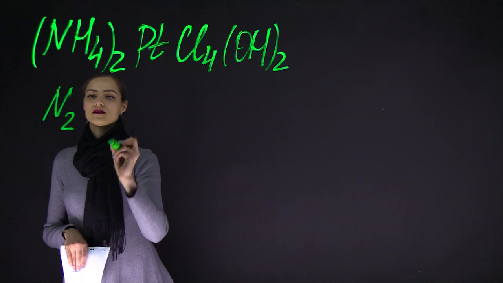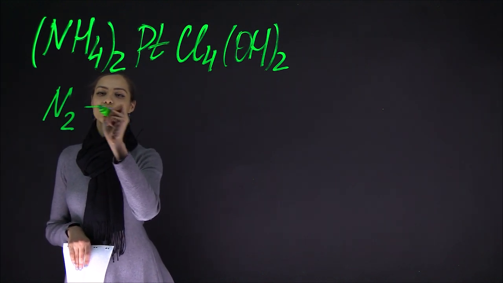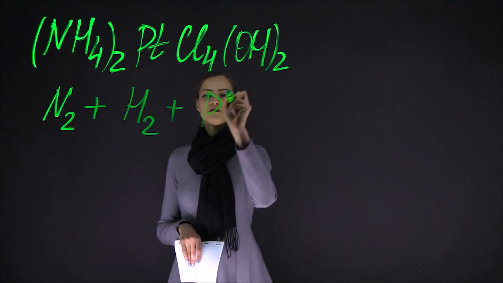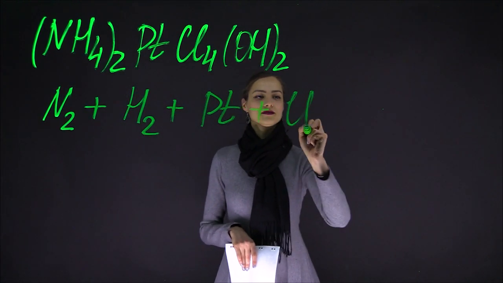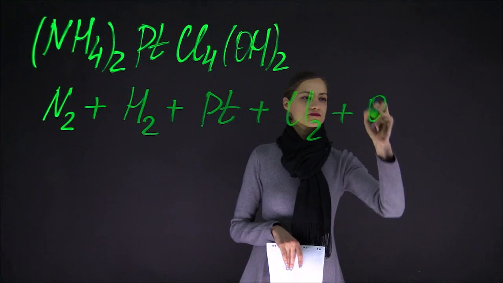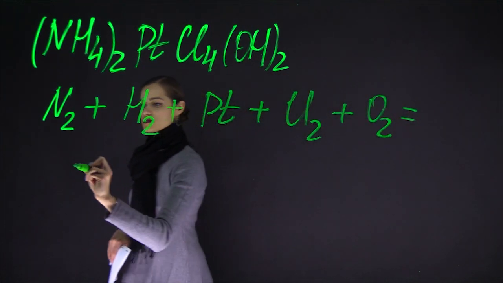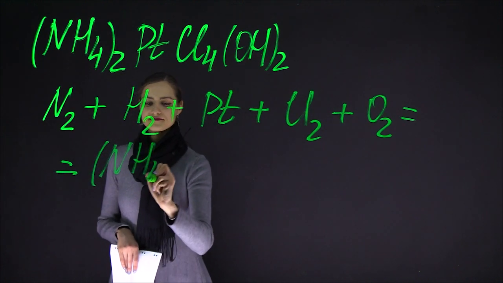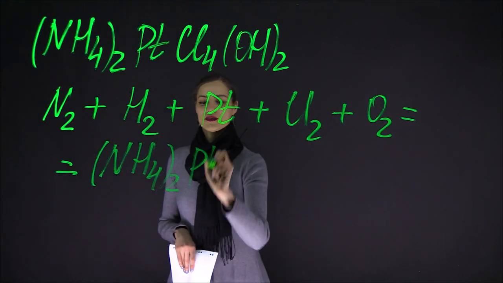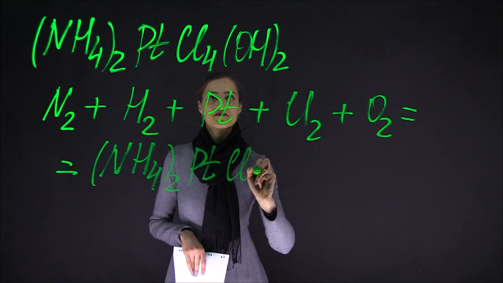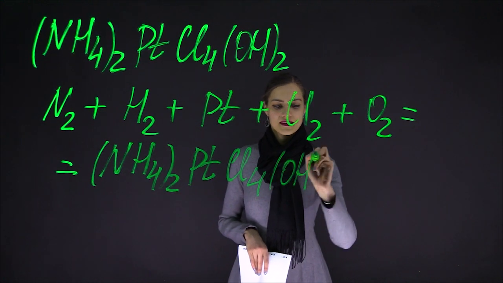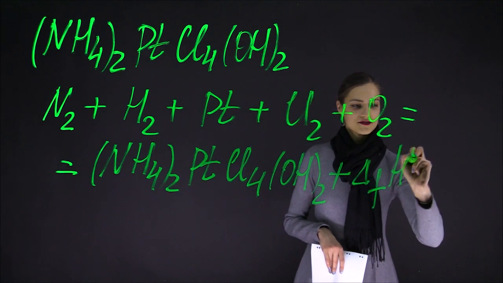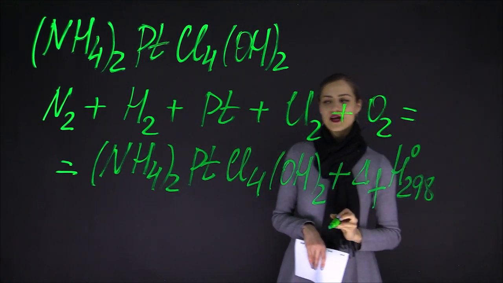We have nitrogen, hydrogen, platinum, fluorine, and oxygen. And we need to produce 1 mole of this substance plus delta F H 0.